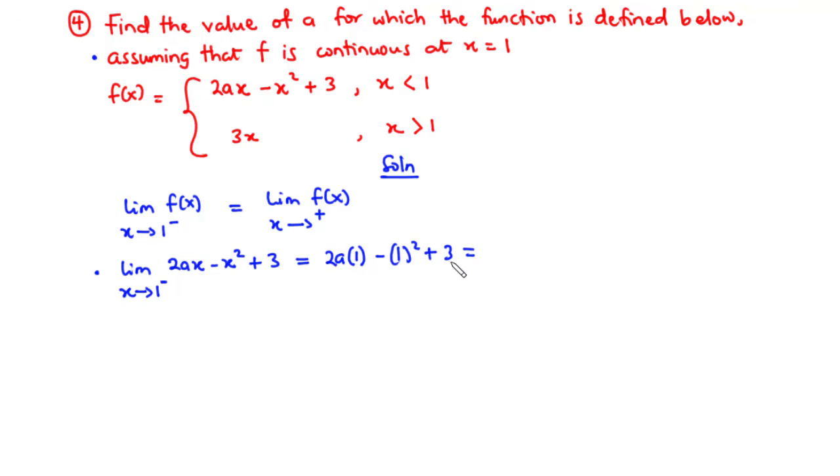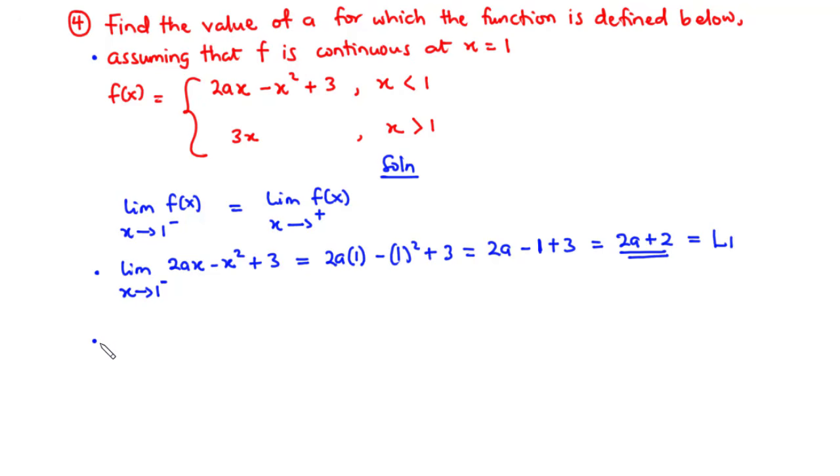Now 2a times 1 is 2a. We have negative 1 and then plus 3. So negative 1 plus 3 is 2. Therefore, we have 2a plus 2. Now, let 2a plus 2 equal L1.